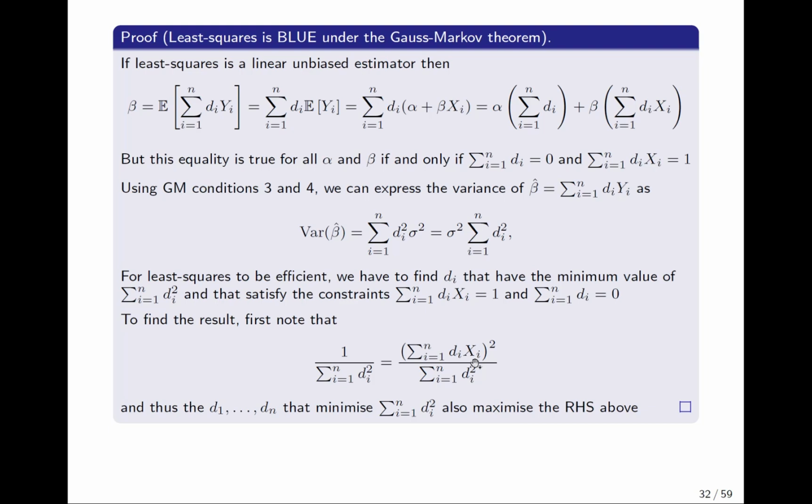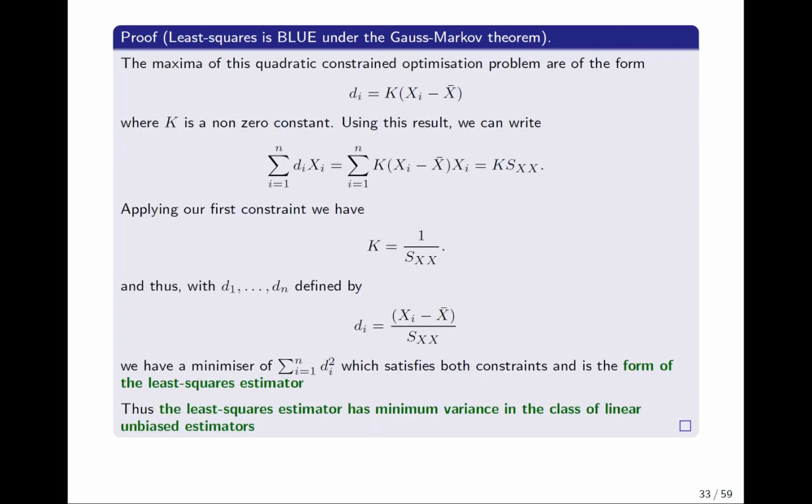And the theory of maximization for a constrained quadratic function shows that the di that form the maxima of that constrained optimization problem have to take this form here. And it's a nice form for us because it's got a non-zero constant times xi minus the mean of x. We come across this expression a lot, of course, in the variance and the sum of squares.